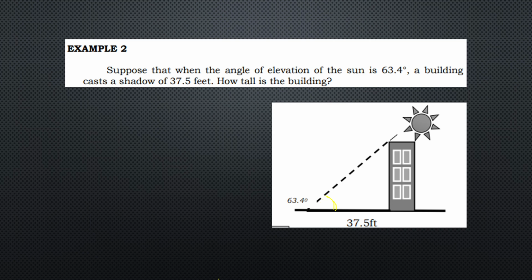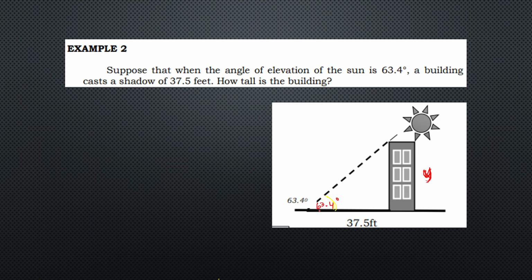Now, what is being asked is the height of the building. So this part here is being asked. Let's consider that as y. Again, this angle is 63.4 degrees. Then again, you have to assess the given of your illustration or the problem.